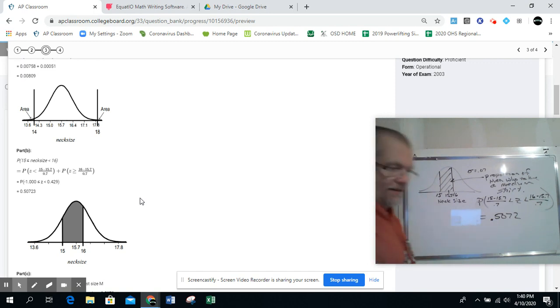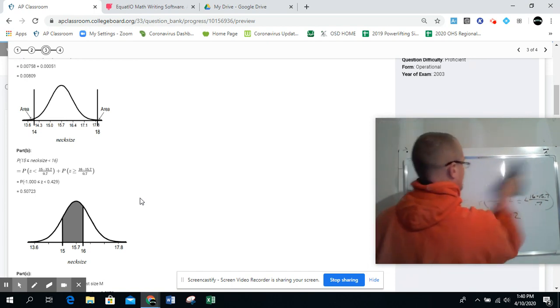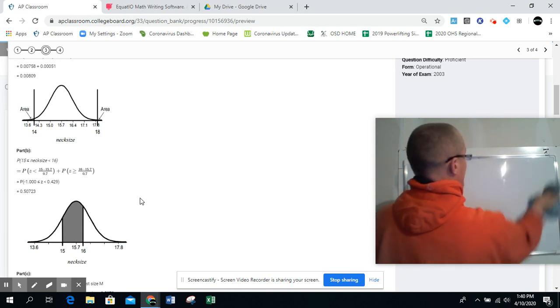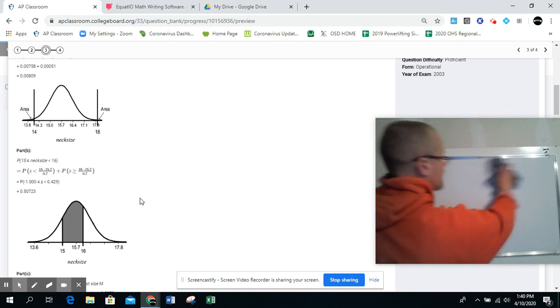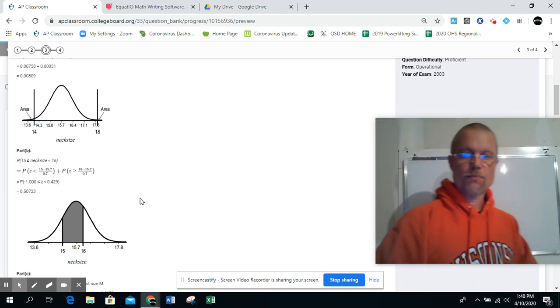All right, then, and this is what I expect them to do on the test, especially this year with the take-home test, is they're going to tack on a binomial probability problem on top of this normal probability.